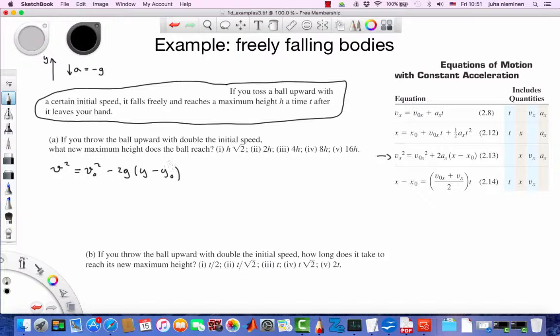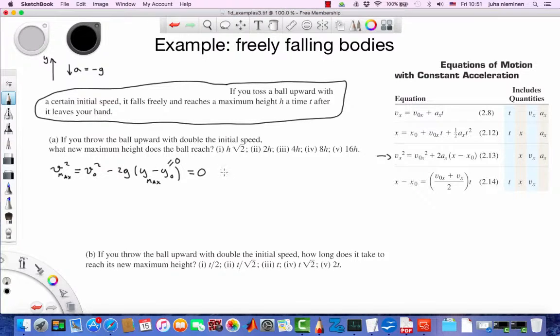So let's define the initial altitude to be 0 for simplicity, and the altitude that we are interested in is, of course, at the top of the trajectory, the maximum height. So let's call this y max. And this is, of course, then the v max. And when the ball is at the top of the trajectory, the v max is 0. It stops and starts to fall down again.